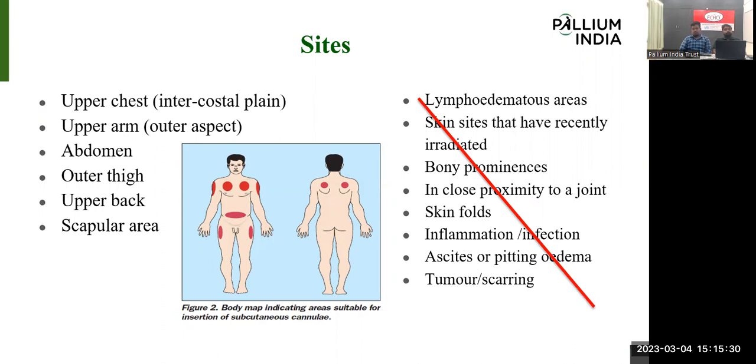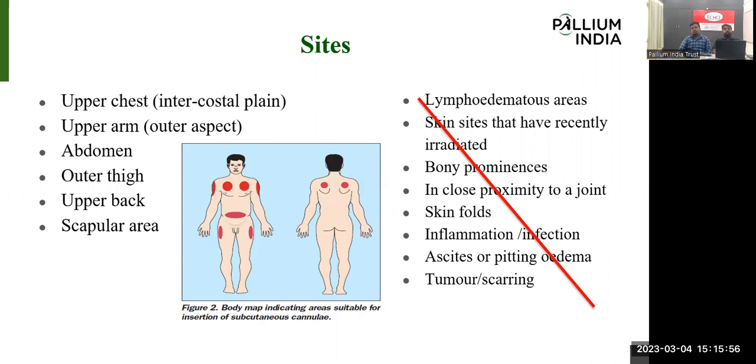Then if the skin site has any irradiated skin or any bony prominence, we need to avoid it. Near the joint region, we need to avoid it. If the selected site has many skin folds, we cannot completely identify the subcutaneous tissue, so that region also we need to avoid.